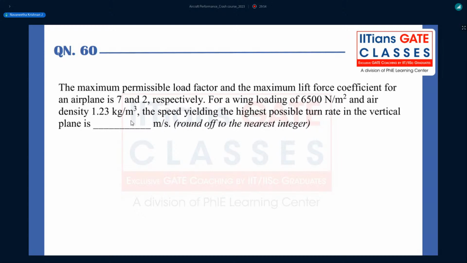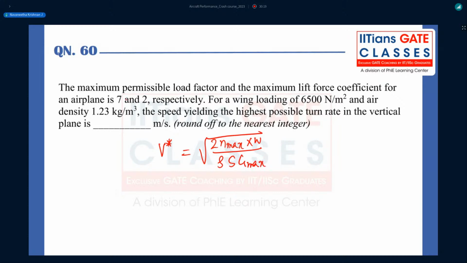The highest possible turn rate occurs at a velocity called corner velocity, which is nothing but square root of 2 into n max into W by S by rho into CL max.